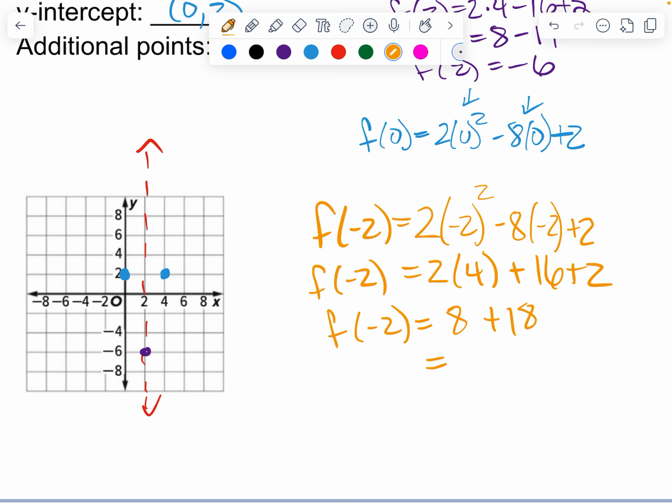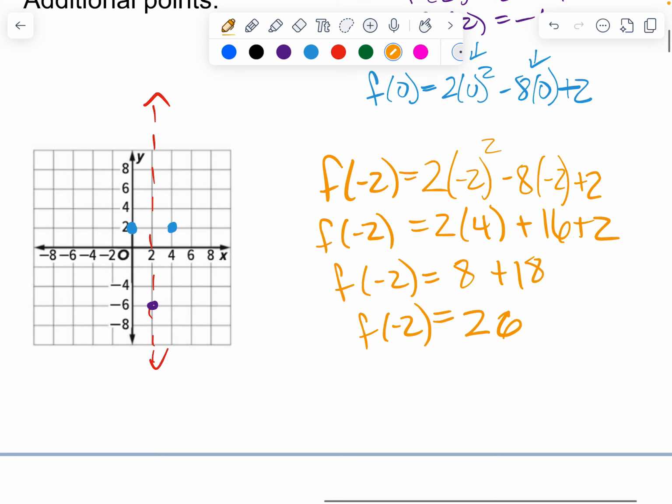Oh, that's going to be way off. 26. Oh, yeah. I do not have the space for that. So let's plug in positive. Why did I plug in -2?